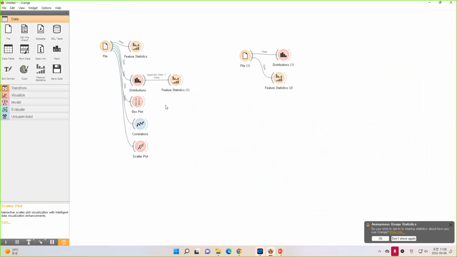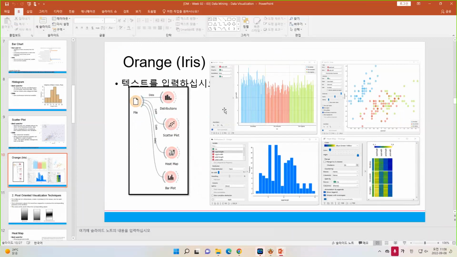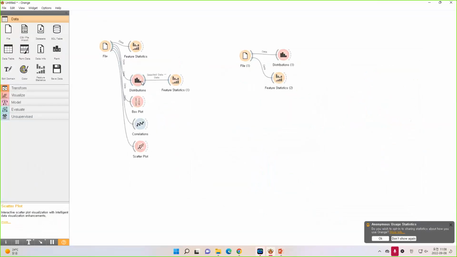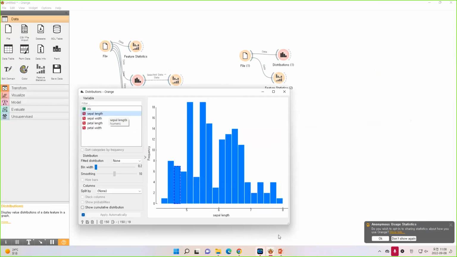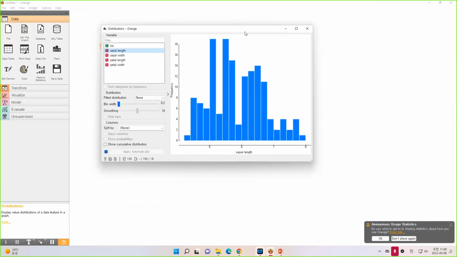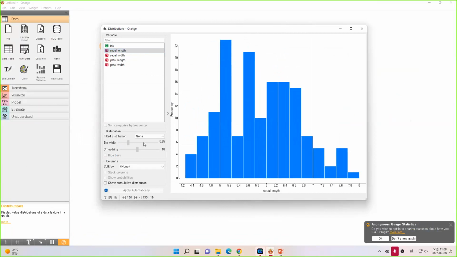I think you already saw most of those graphs. You already saw the distribution. In the distribution, as I explained to you, you can select the bin width.